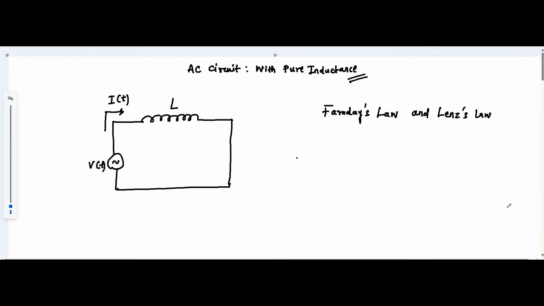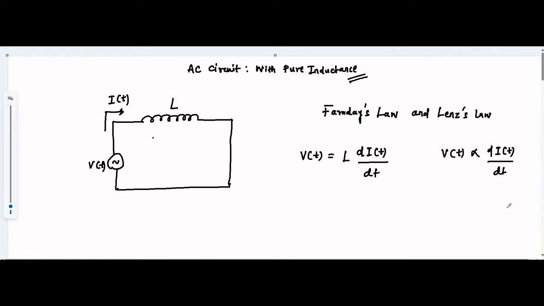This situation is given by v(t) is equal to L di(t) by dt. Actually, v(t) is directly proportional to the rate of change of current. So here v(t) is the voltage across the inductor.